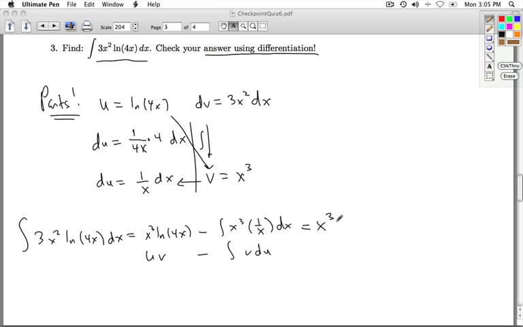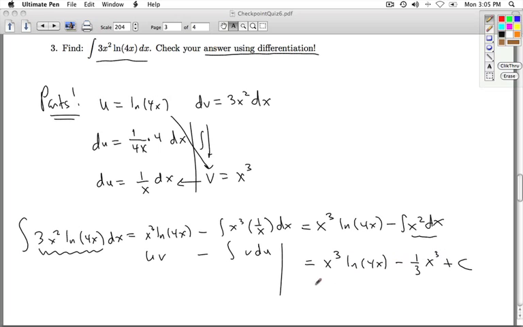So I get x cubed natural log 4x minus the integral of x squared dx. So we've taken an integral that we didn't know how to do, and we're left with an integral that we know how to do. And so I get x cubed natural log 4x minus 1/3 x cubed plus c.